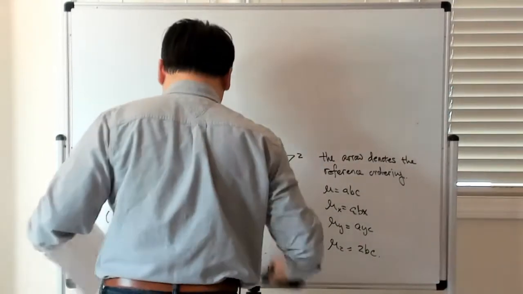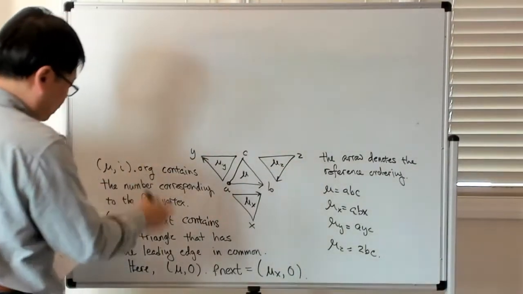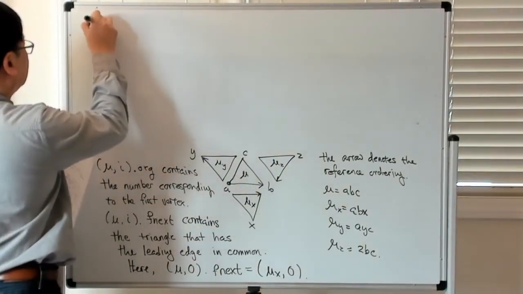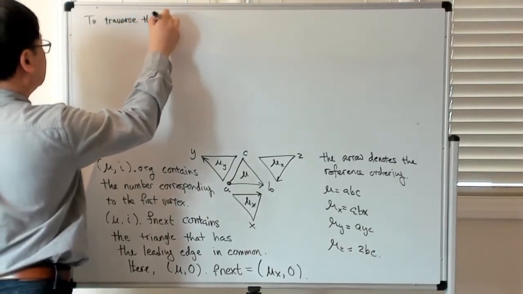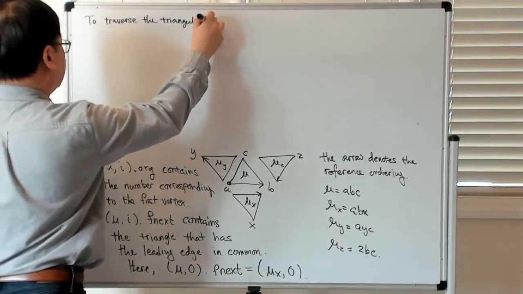So let me just give you the things you have to do to traverse the triangulation. We need 2 things.